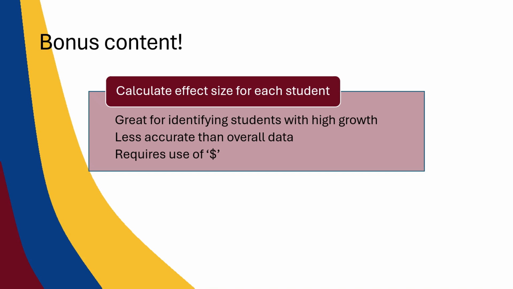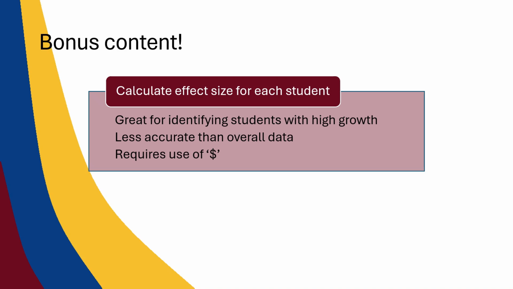Some students do a bit better than they normally would, some students do a bit worse than they normally would, and it kind of balances out across the whole group. You don't have those effects when you calculate the effect size on an individual student. So it's not a very reliable indicator, but it can be helpful to see which students have powered forward and which ones are lagging behind.